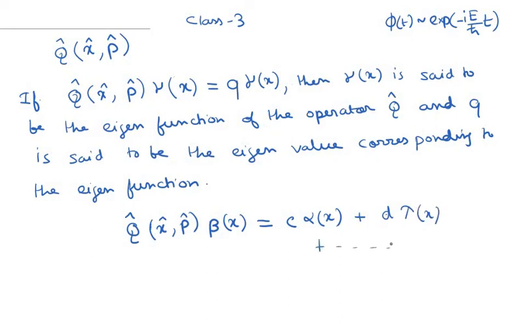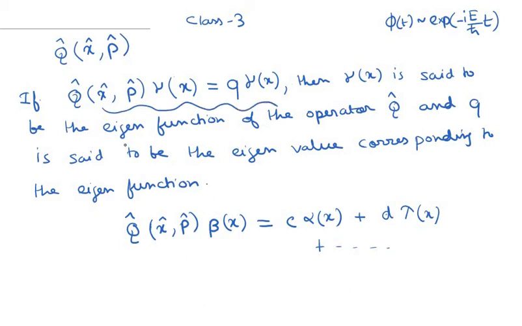So it is not guaranteed that the operator q would act on any function to give a solution of this form. It is only when q acts on its eigenfunction, only then we have this form.